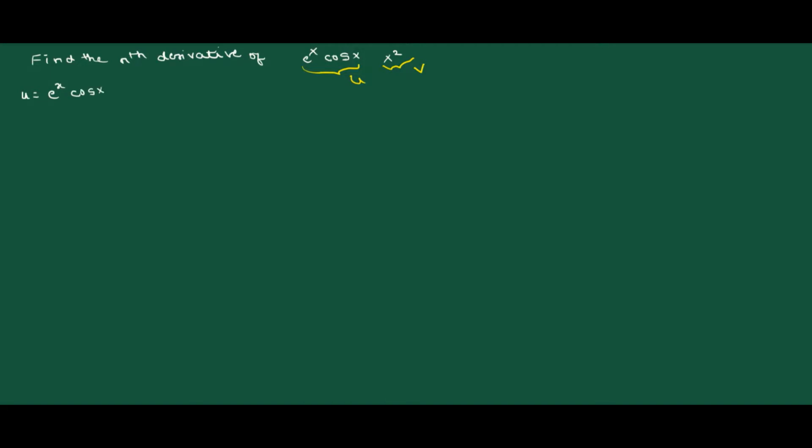In this case, the value of a is equal to 1. B is also equal to 1, and c value is 0. So I will write here a is equal to 1, b is equal to 1, and c is equal to 0.